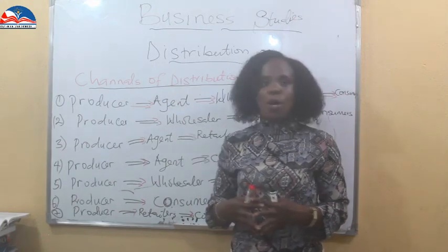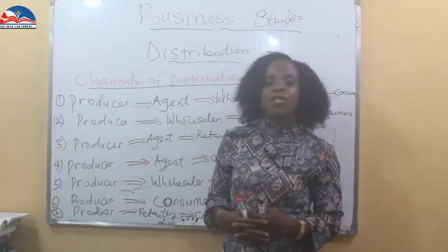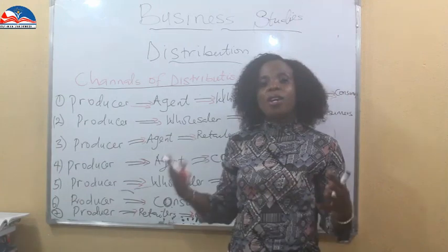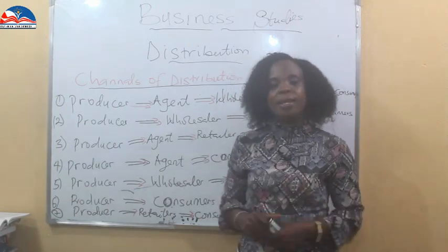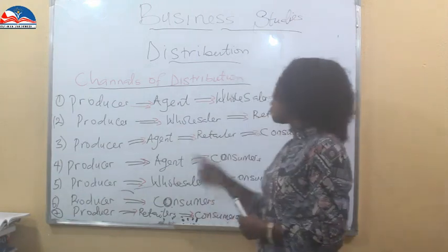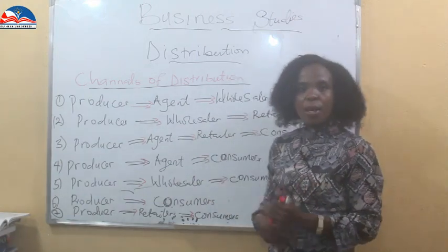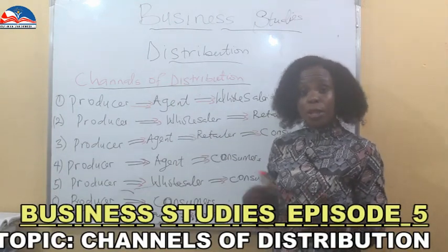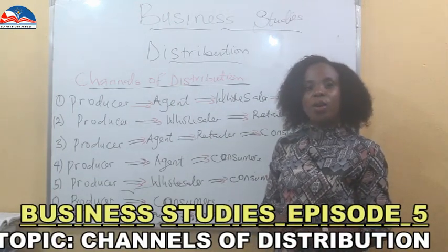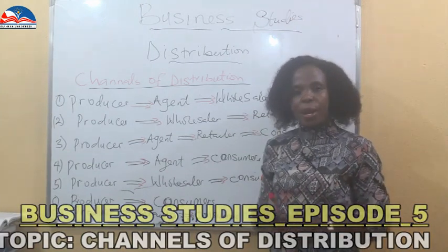The agent is one who goes to meet the producer, makes connection with the producer, registers as an agent to market for the producer. While the wholesalers are bulk buyers who go to the agent to tell them to source for products for them in order to stock in their warehouses.